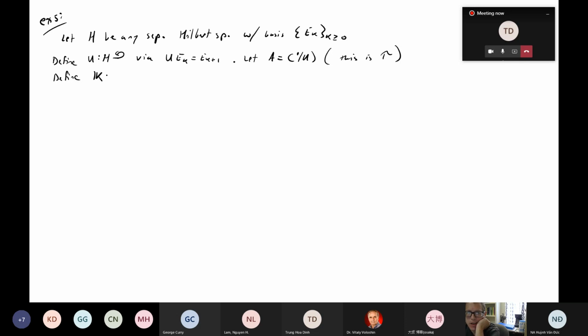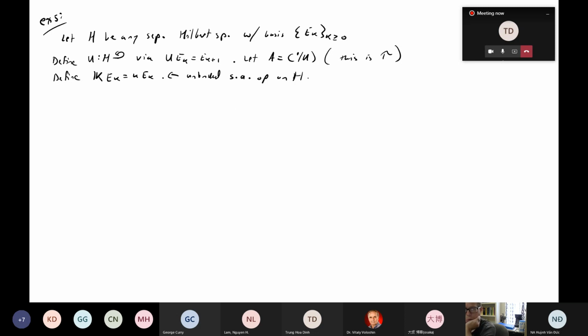So blackboard K on e_k is just going to be k e_k. It labels where I'm at in the sequence, and it puts that factor up front. This guy is an unbounded self-adjoint operator on H, or in H, however you want to phrase it. Okay.